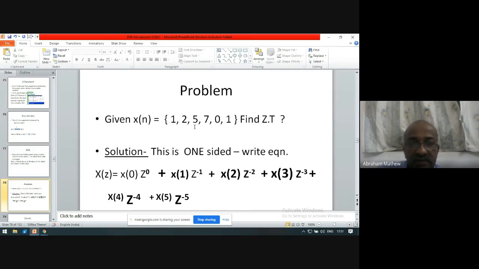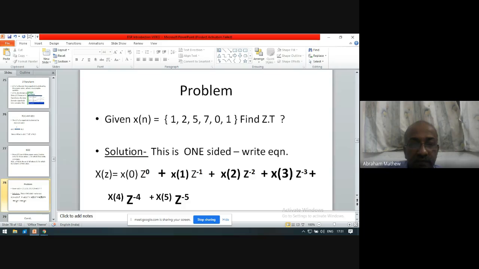If an arrow mark is mentioned, that represents the origin. If there is no arrow symbol in the problem, that indicates the starting element is the origin. That means here x of 0 is equal to 1. X of 1 is equal to 2. X of 2 is equal to 5. X of 3 is equal to 7. X of 4 is equal to 0. X of 5 is equal to 1.